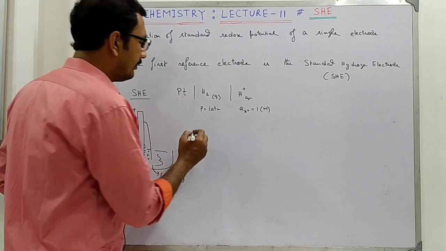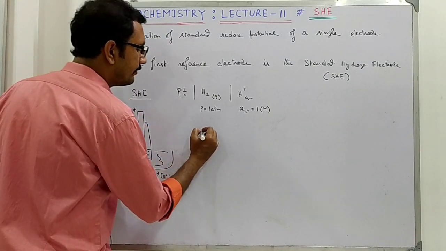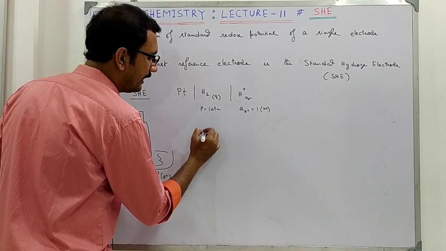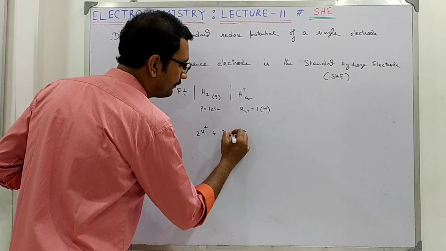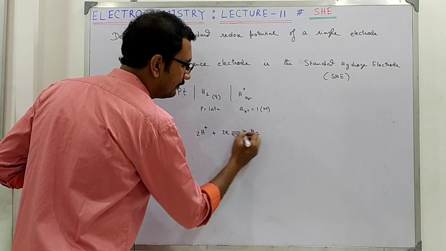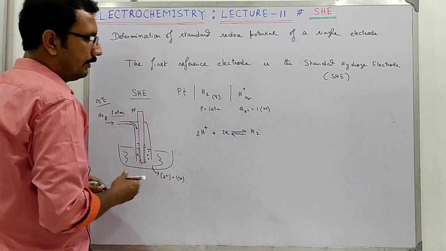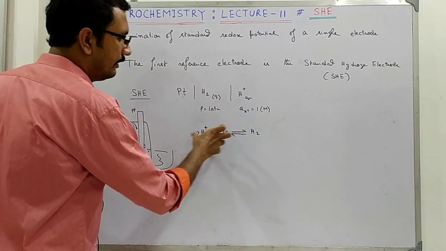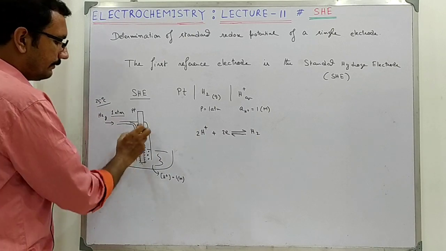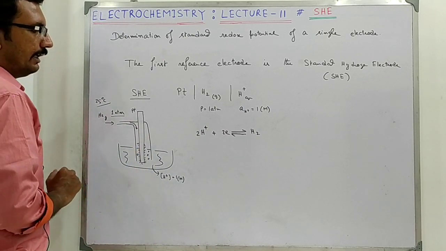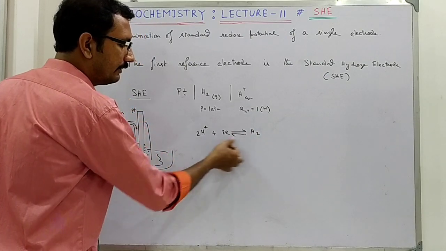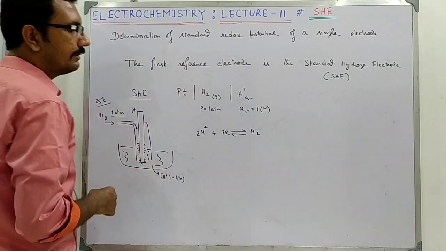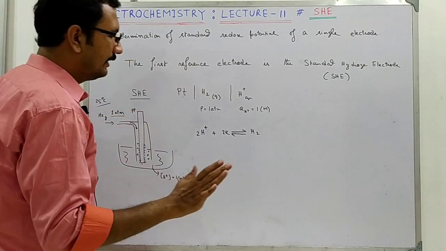So, the reaction that will occur in this single electrode is 2H+ + 2e- reversible H2. So, this reversible reaction will occur here. This is the osmotic pressure, and this backward direction is the electrolytic solution tension.